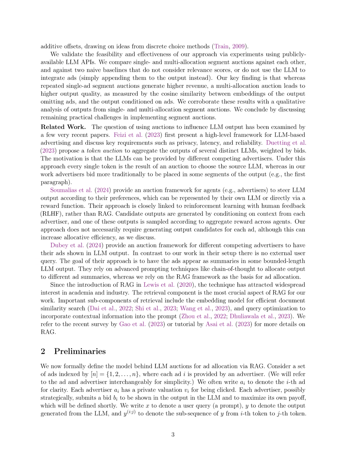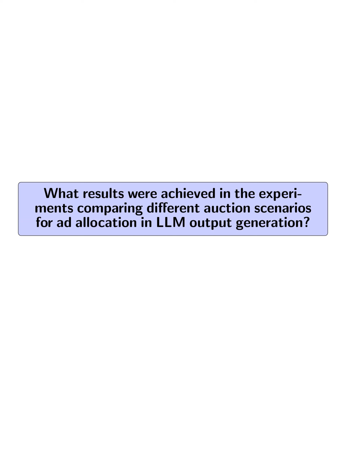The relevance measure helps in optimizing the ad allocation process by incorporating the semantic relevance of the ads to the content being generated by the LLM, ultimately enhancing the quality and effectiveness of the ad placements within the output. What results were achieved in the experiments comparing different auction scenarios for ad allocation in LLM output generation?